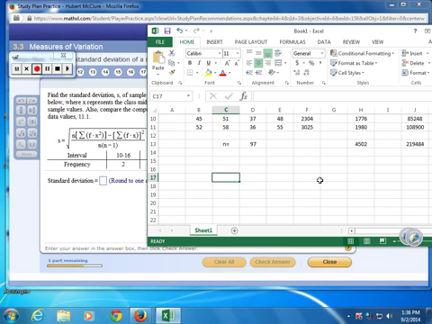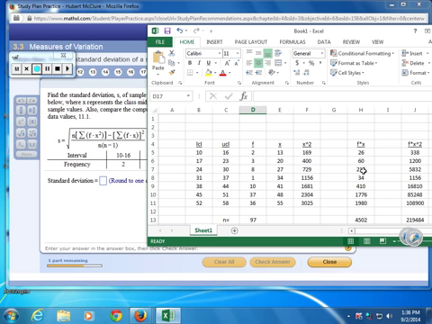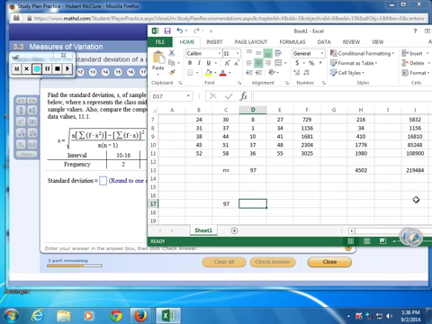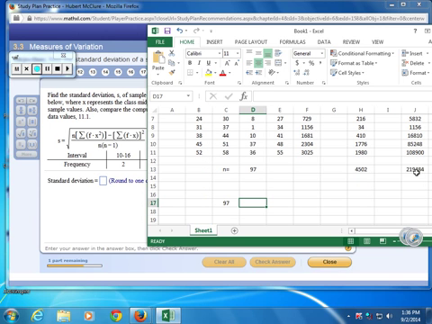What is my n? 97. 97 times the summation of f times x squared. Well, the summation of f times x squared is that big number right there. 219,484. Alright, so we're going to multiply those two numbers together. But we're going to subtract the summation of f times x and square it.